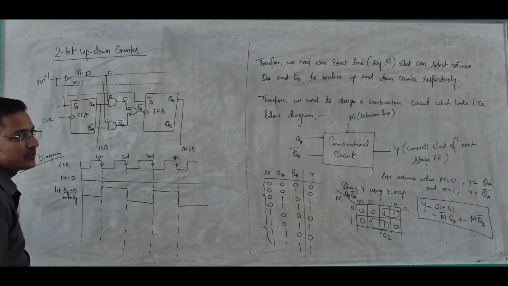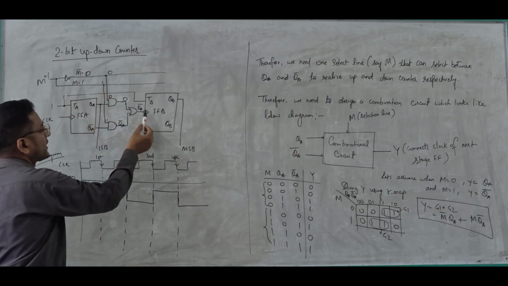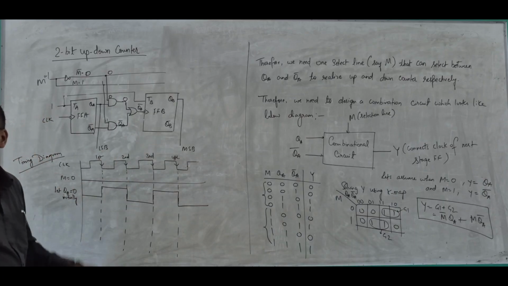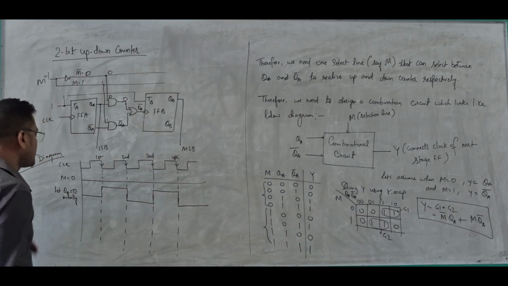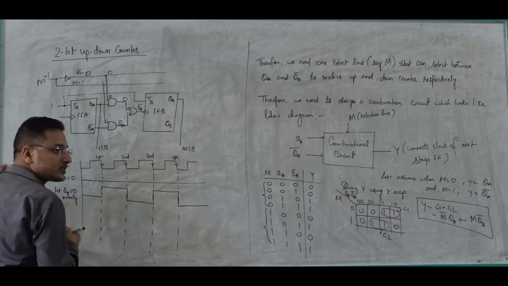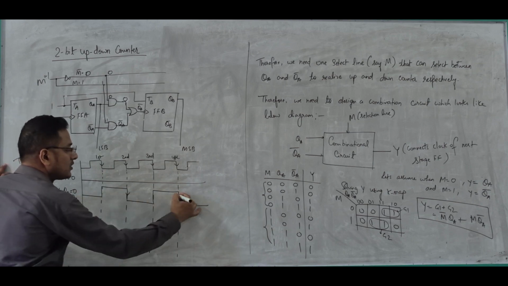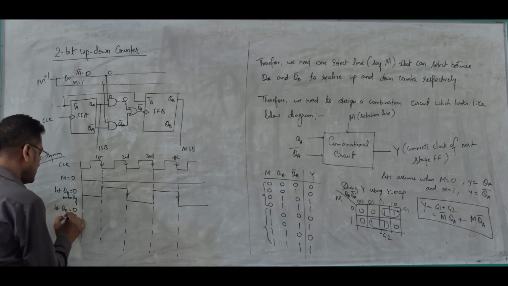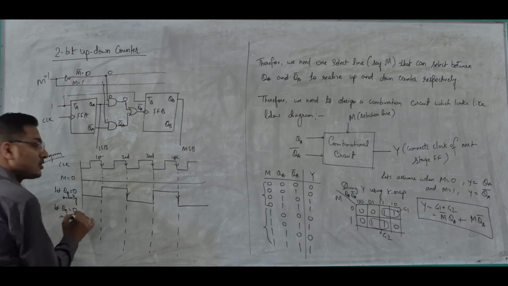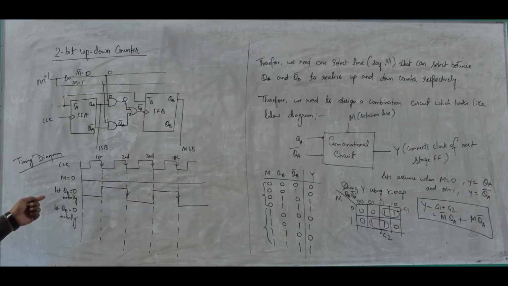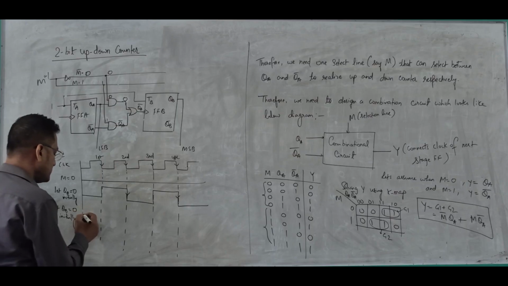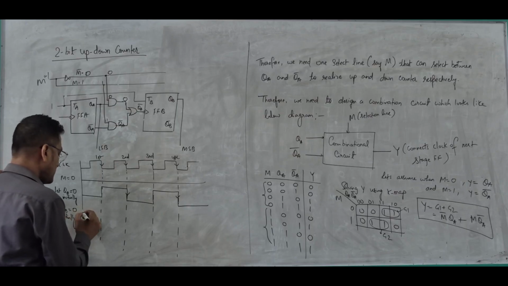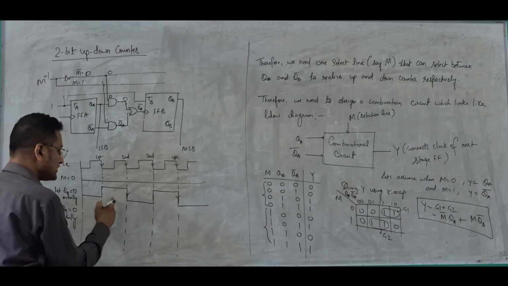QA will be fed to the clock of the next stage. So now QA is acting as a clock, a negative edge clock. So let QB be equal to 0. QA is the clock. So let's do it. So this is the clock now.